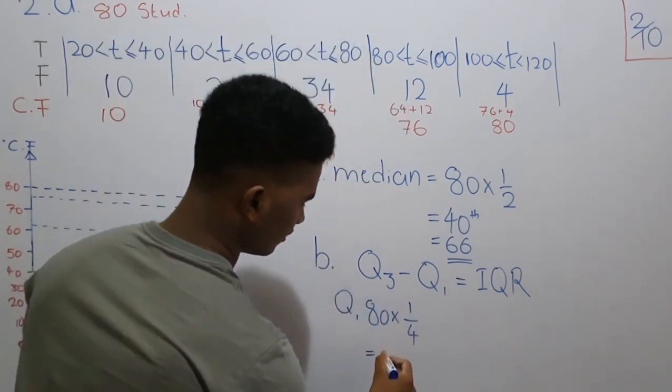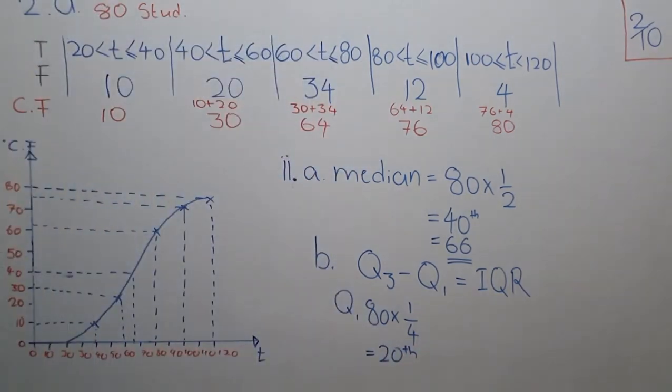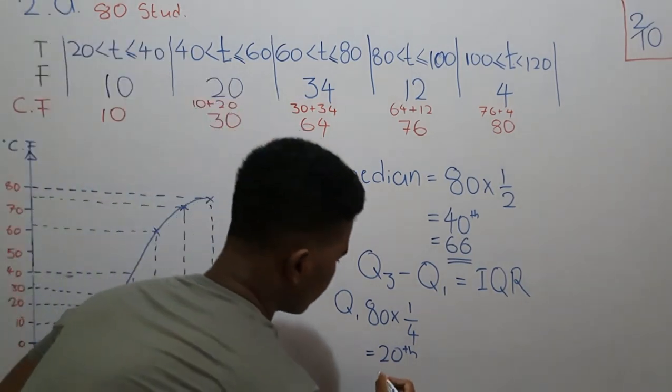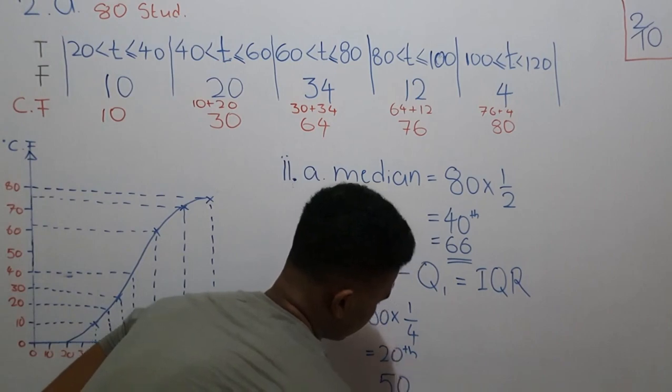So the answer is 20th position. So what is the 20th position from the graph? Somewhere around 50. That is the first quartile.